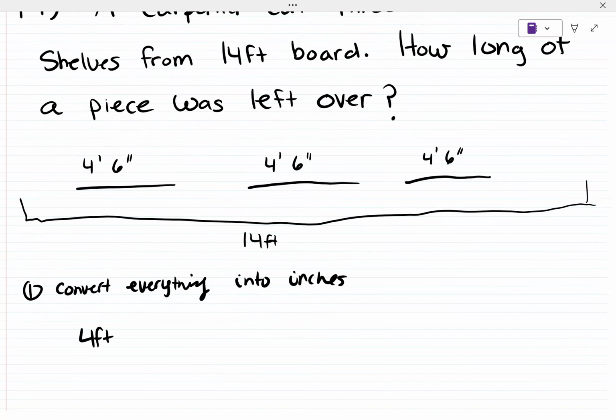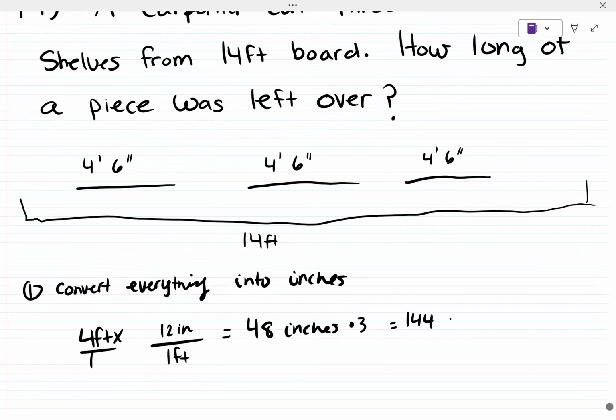So it's 4 feet times 12 inches per 1 foot, and you get 48 inches. And then there's three of them, so times this by three, and you get 144 inches.